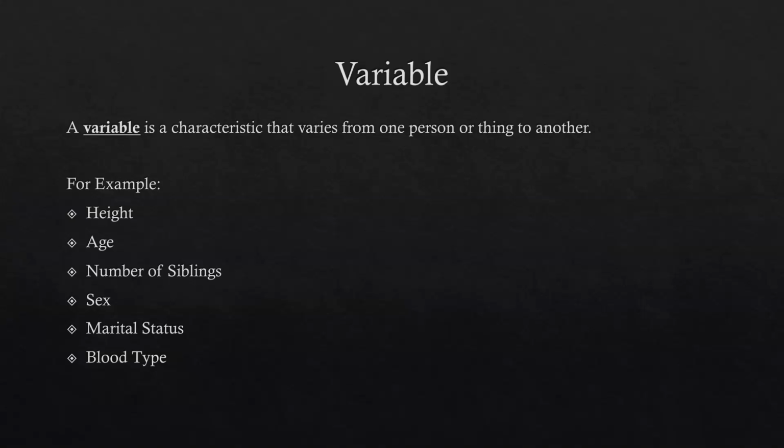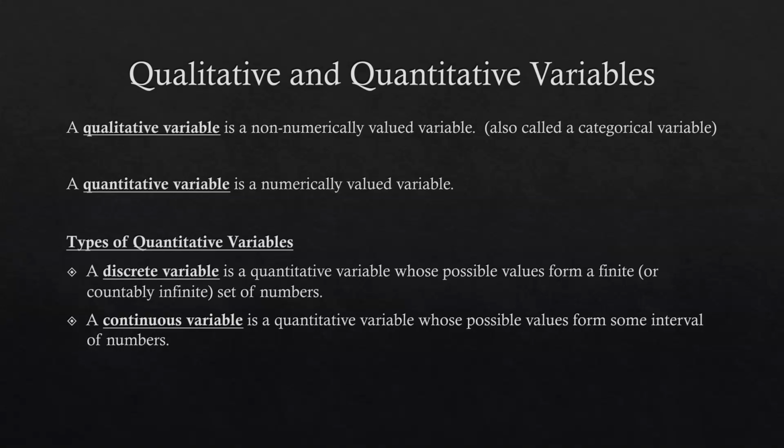All right, and first definitions. A variable is a characteristic that varies from one person or thing to another. So, for example, height, age, sex, blood type, all these can be variables. Now, these are different types of variables, but they can all be variables. We have two types that we want to discuss.